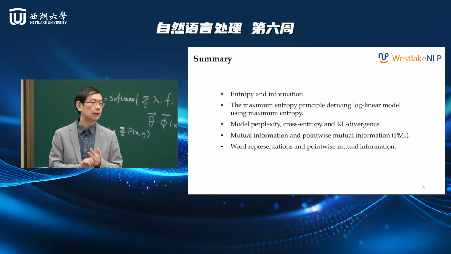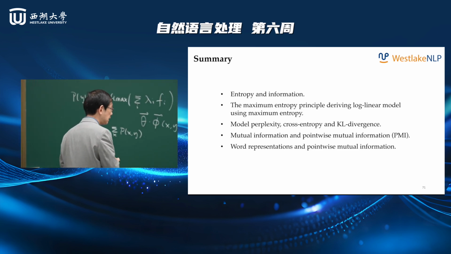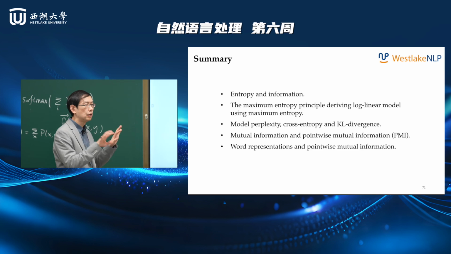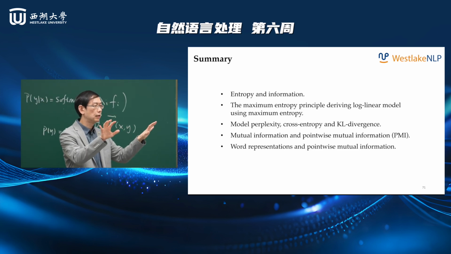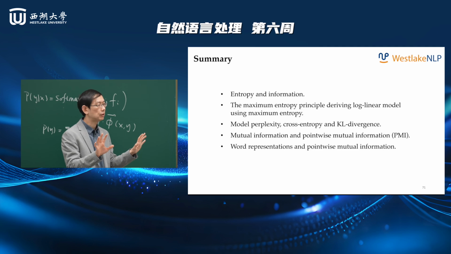In the second part, I showed you how to use information theoretical measures to compare two distributions. The first is about two distributions of the same random variable: cross entropy, model perplexity, KL divergence.